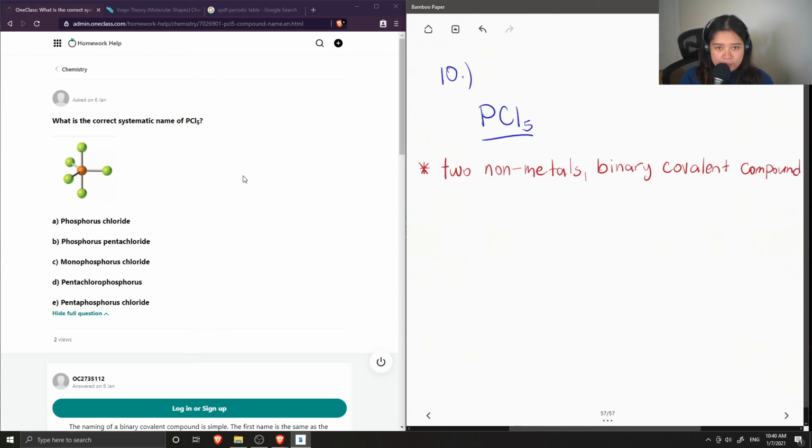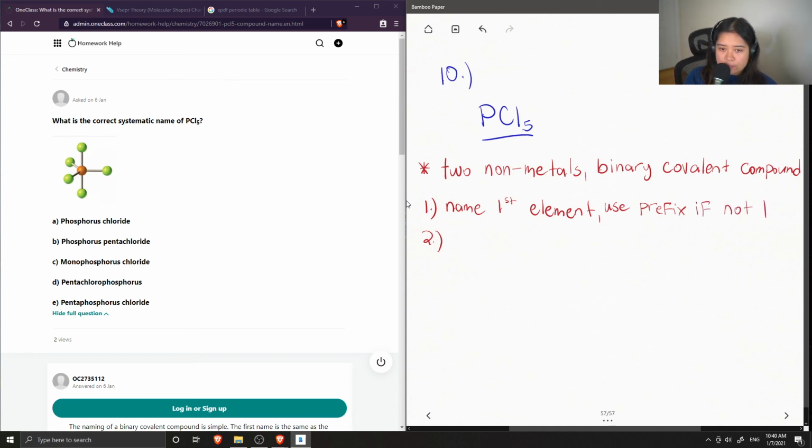So when we name binary covalent compounds, the first step is just to name the first element. Actually, also after naming the first element, you can use a prefix if there's more than one. But in our case, there's only one phosphorus.